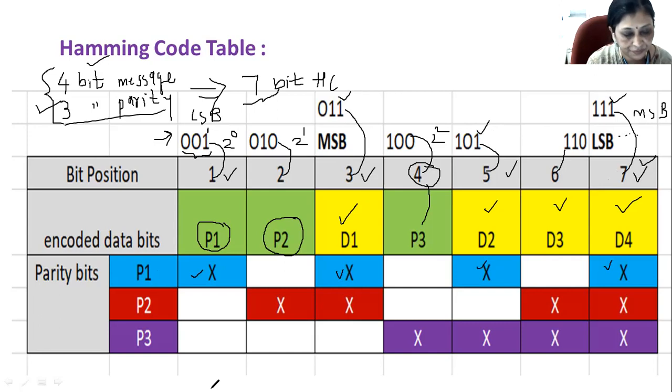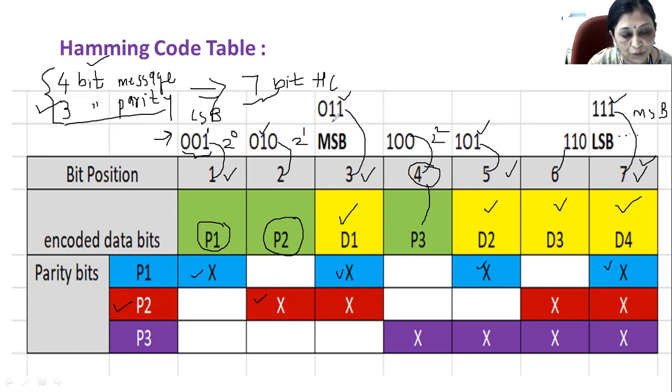Similarly, in order to assign a value to parity bit 2, we have to check the second bit position and see for which numbers this bit is 1. For bit position 1, this bit is not 1. But for bit position 2, this bit is 1, as you can observe here. So you have to consider bit position 2 for P2.